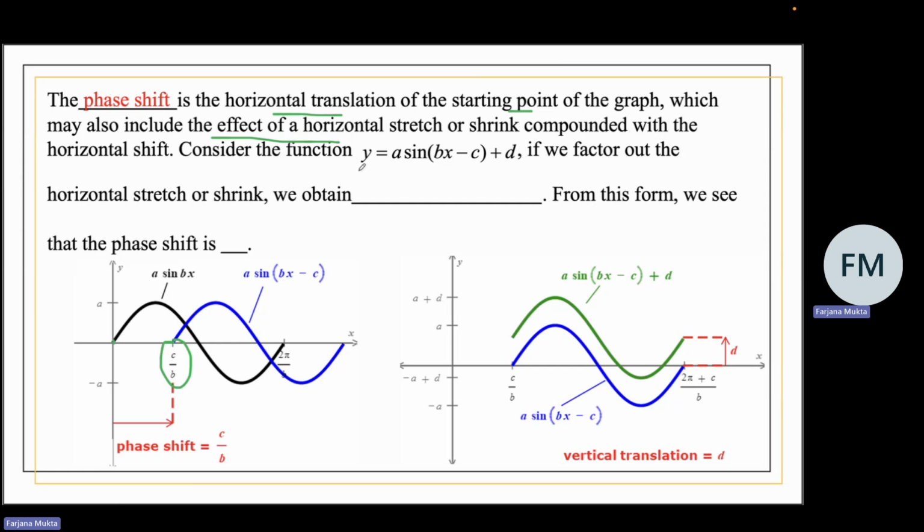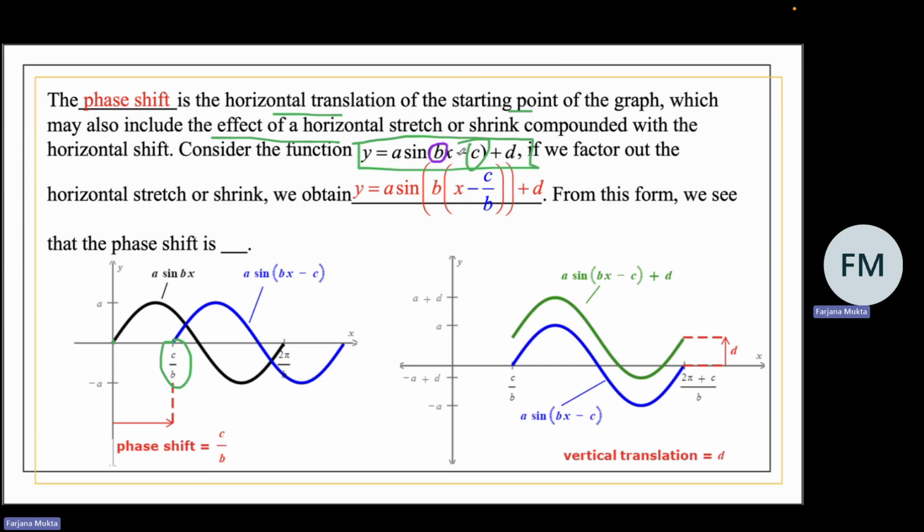Now, consider the function y equals a sine of bx minus c, plus d, with horizontal shift, shrink or stretch, vertical shrink or stretch, and vertical shift. To calculate the phase shift, what if we factor out the horizontal shrink or stretch b?